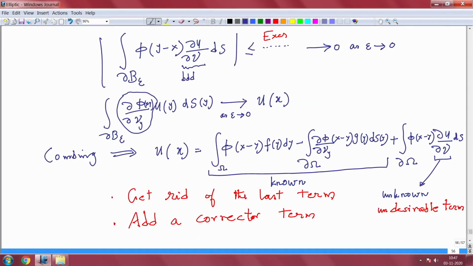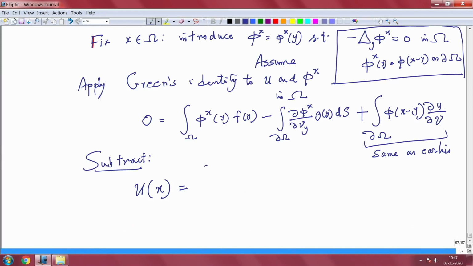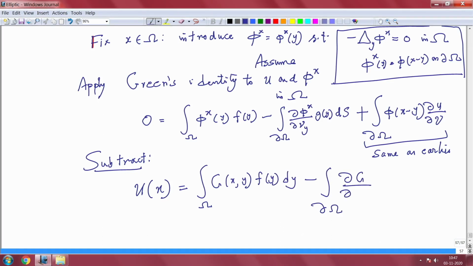So, you are subtracting and introduce a new notation, I will say G of x y, times f of y dy, and minus the integral over d omega of d G by d nu y of x y, I will tell you what that is, times g of y ds of y.